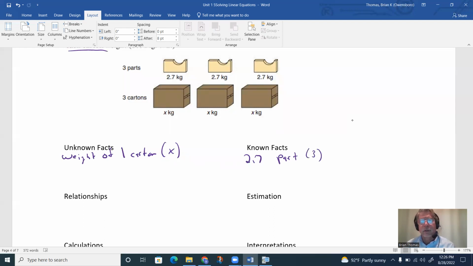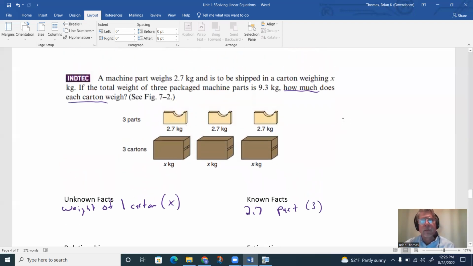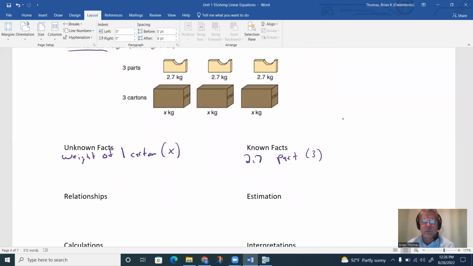Overall, the 9.3 kilograms represents the 3 parts and the 3 cartons, the weight of all that. So that's kind of what we know.